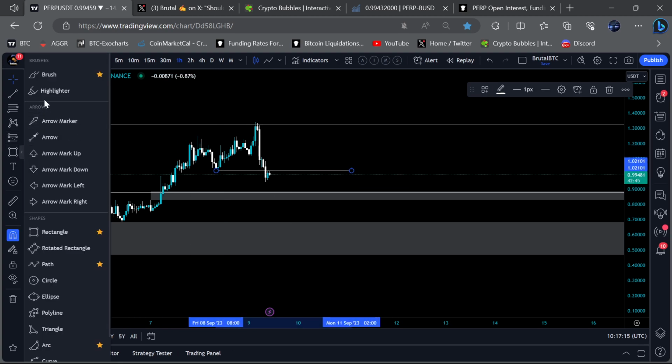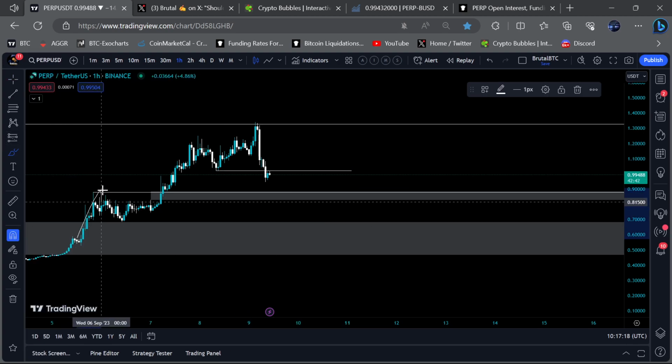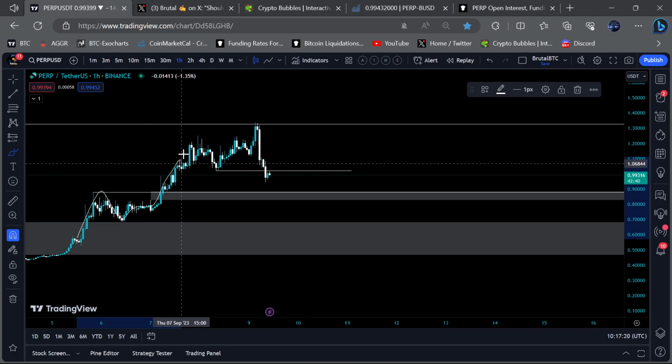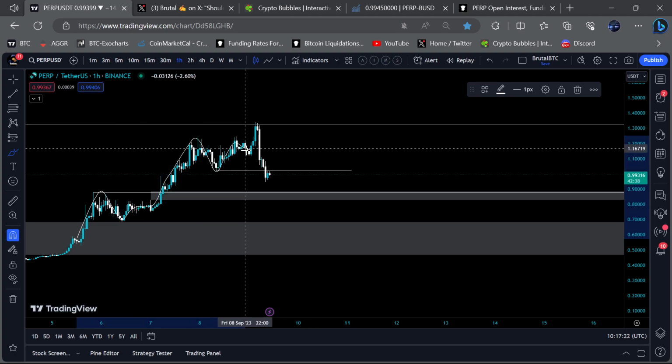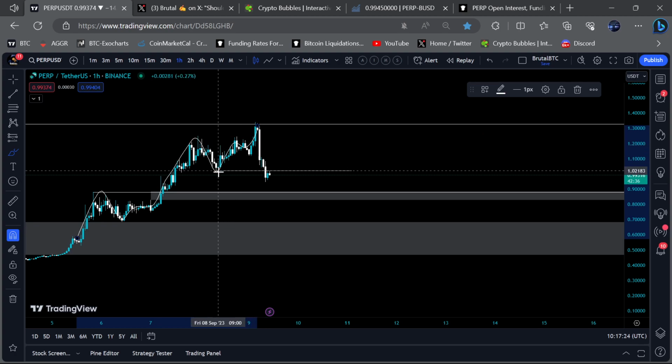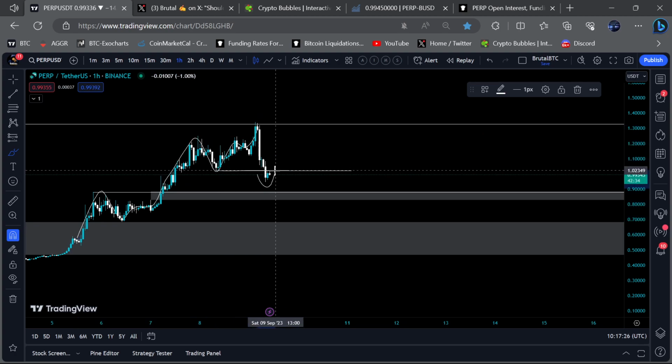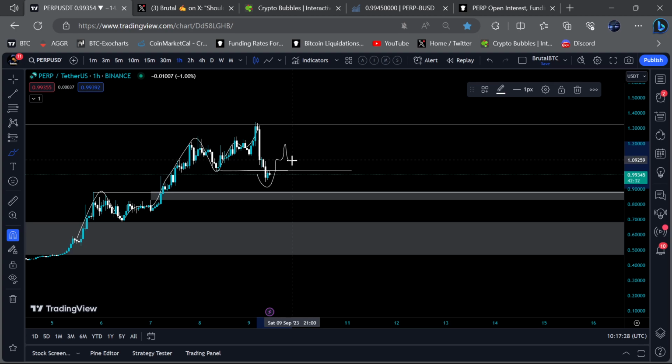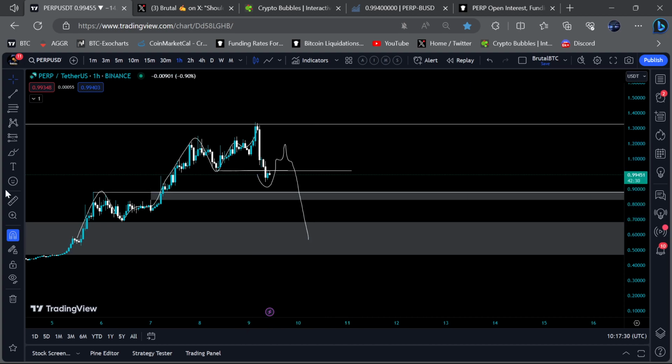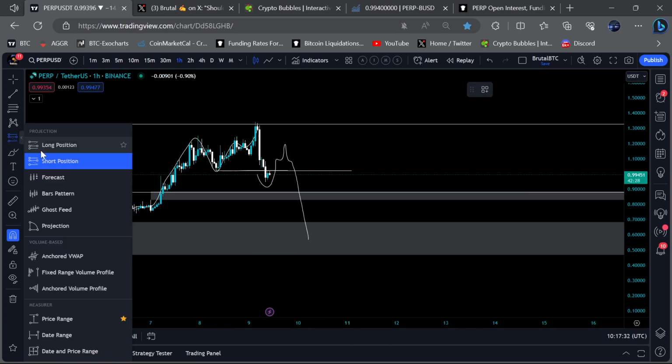The trend is clearly shifting to the downside. Higher high, higher low, higher high, higher low, higher high, and the higher low is broken over here. So if the price goes back over here, just short it towards here, like this.